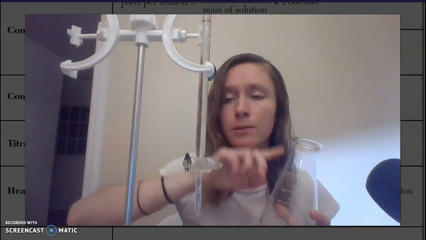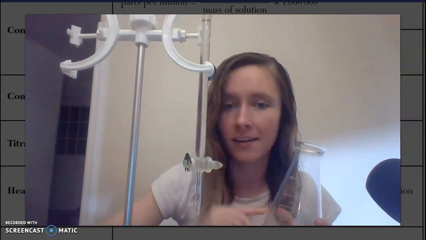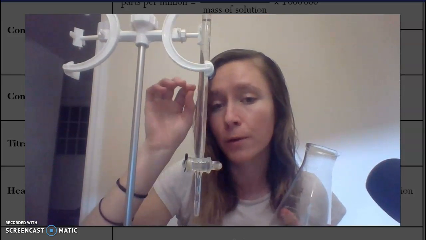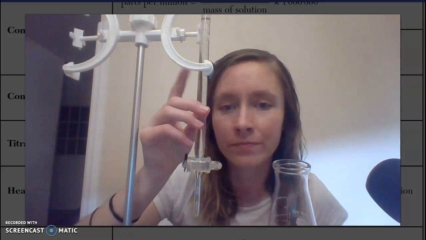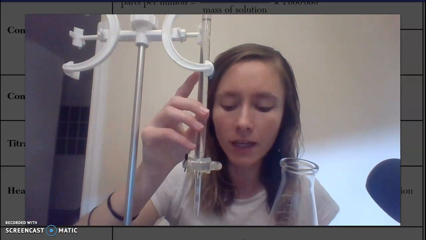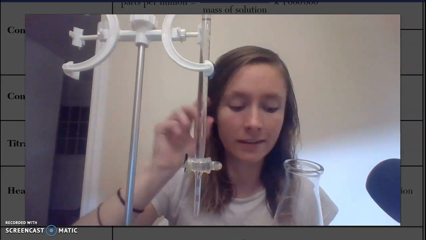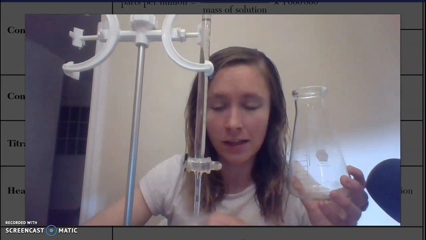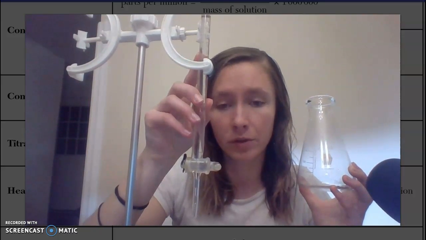You could have it reverse where you have the acid going into a base, but the key thing is that whichever liquid you don't know the concentration of is in the flask, and the liquid you do know the concentration of is in the burette. The example we had in class, I titrated an unknown concentration of acid in the flask with a known concentration of base in the burette.